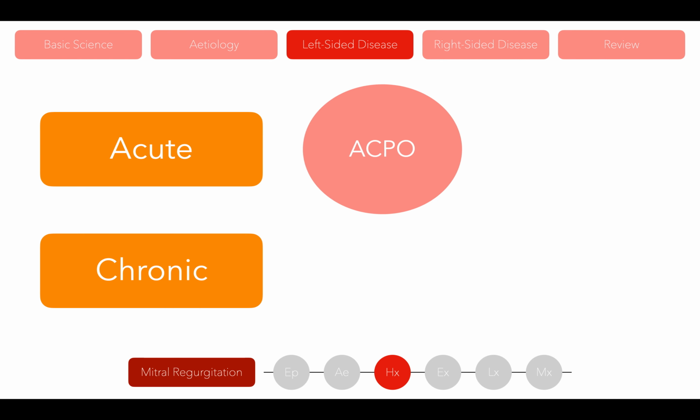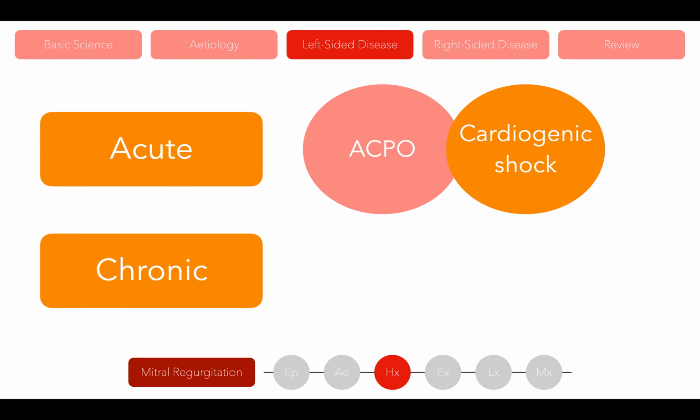Acutely, these patients will be regurgitating blood from the left ventricle back into the left atrium. So you will get acute pulmonary hypertension and acute cardiogenic pulmonary edema. This patient will very quickly be hypoperfusing, the heart will not be doing well enough, and it's likely to be very badly damaged to be in this state. They will then go into cardiogenic shock.